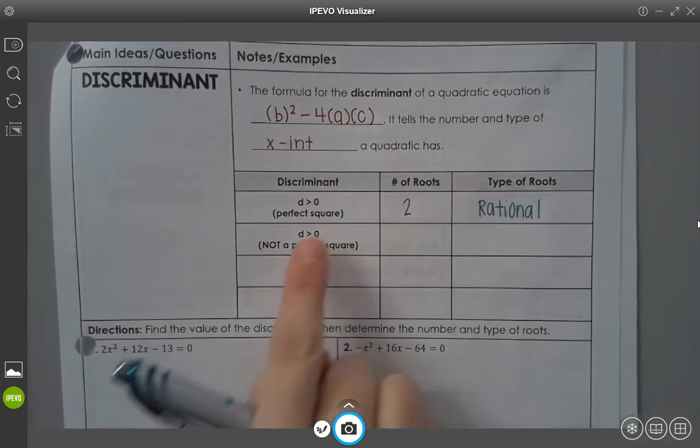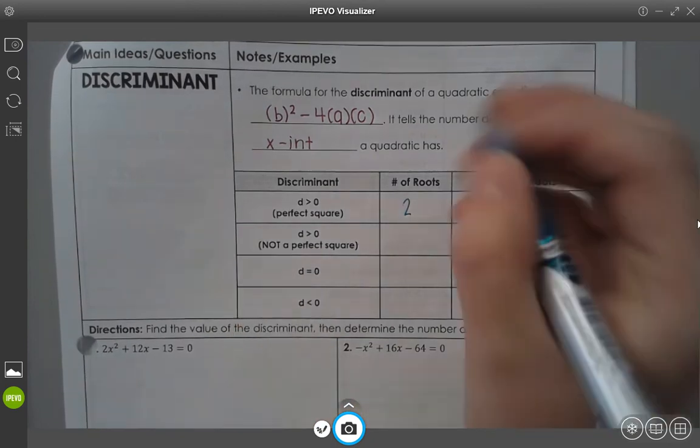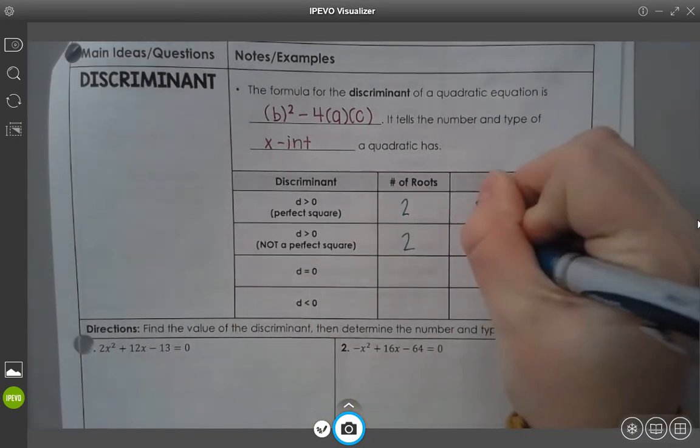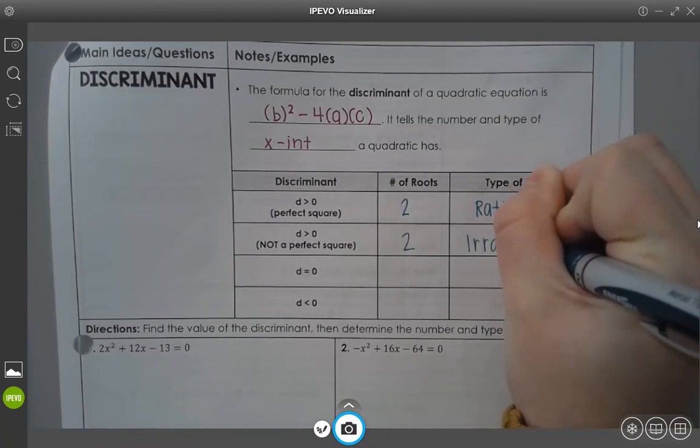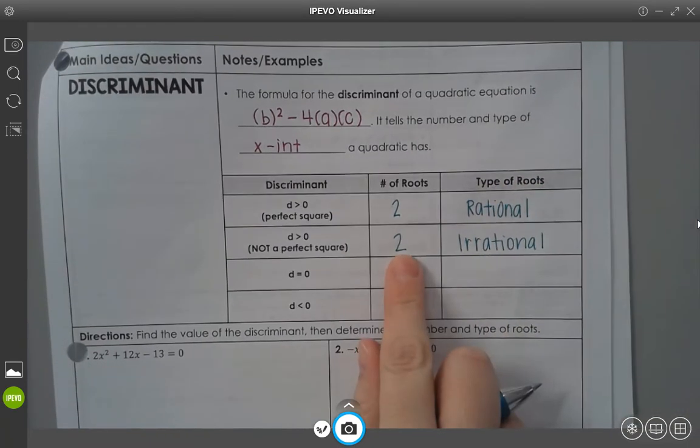If it's bigger than 0 and it's not a perfect square, then it has 2 irrational. These would be the ones that when you do the quadratic formula, you get a decimal.